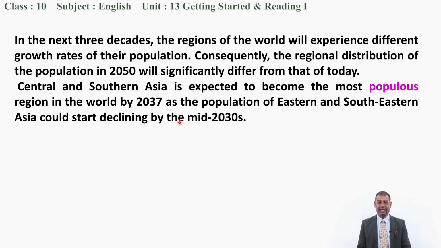Now here again, by the mid-2030s, then declining, the population will start going down. All right, have you got it? Good. If so, now here is a word again, populous, P-O-P-U-L-O-U-S, populous. What does it mean? How do you pronounce it? Populous. Good job. So what's the meaning now again?